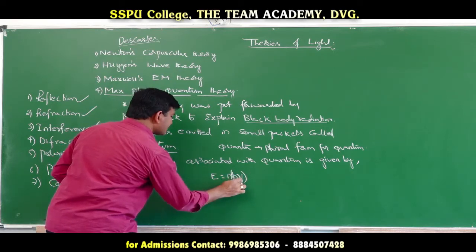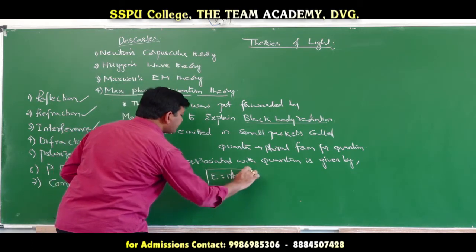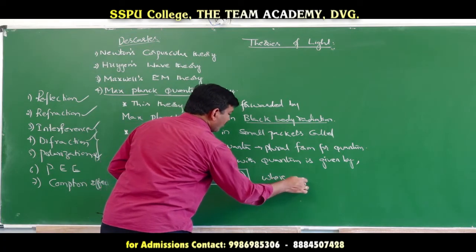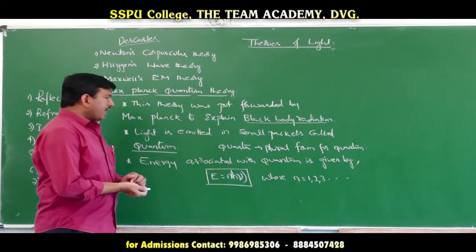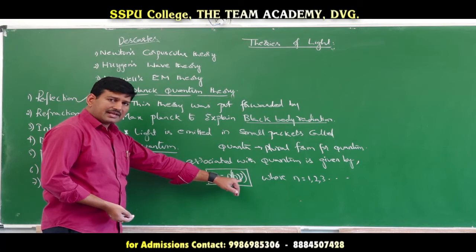Here nu stands for frequency, h stands for Planck's constant, and n is an integer number, where n is equal to 1, 2, 3, and so on. So, that means the energy of a quantum is nothing but an integer multiple of h nu.